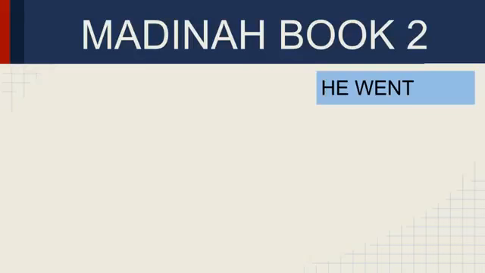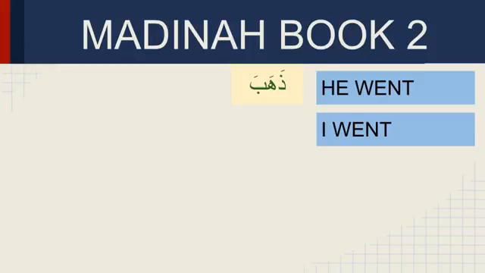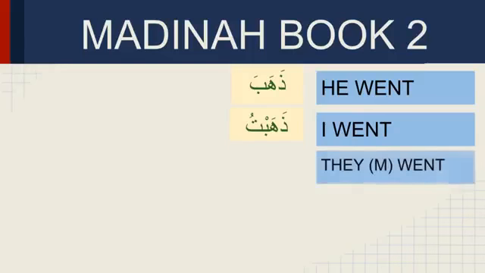So if I ask you, what is he went? He went will be dhahaba. What is I went? I went will be dhahabtu. If I say they, male, went, all of them male went, so male will be hum, dhahabu.